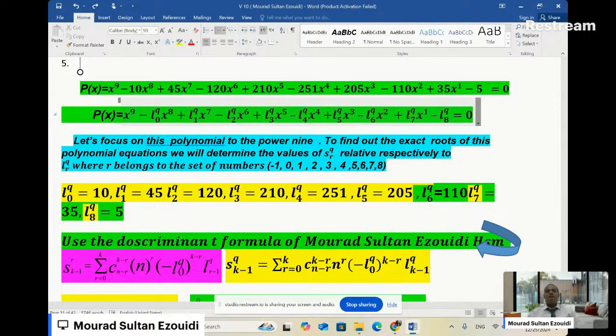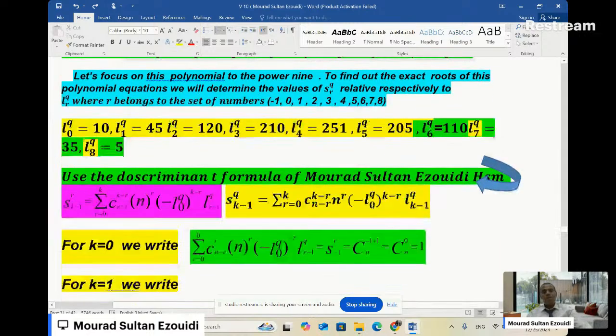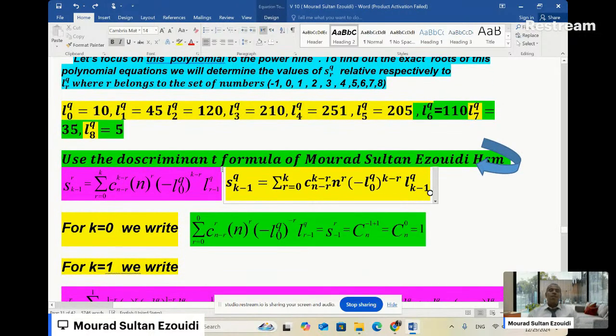These methods that I already mentioned will give you an error of estimation, or the approximation of the roots will not be correct. But if you use the discriminant formula of Mourad Sultan Ezouidi, you will catch the exact roots of this 9th degree polynomial equation. Okay, let's start.